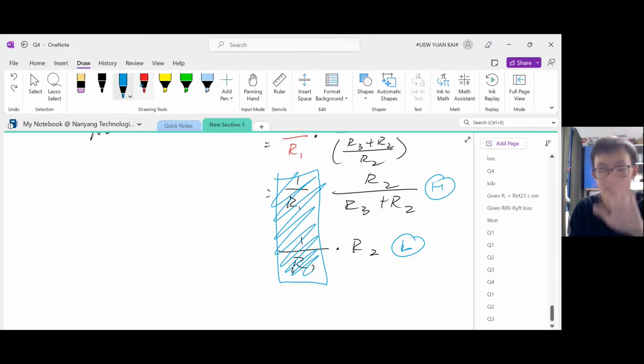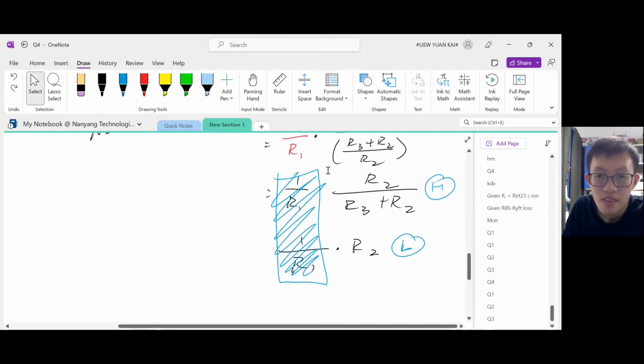And if you think about it generally, this is some number divided by itself plus another number. So you see, the numerator is smaller than the denominator. When the denominator is larger than the numerator, then you know this is a less than one value. This whole number is less than one. So that's my point I'm trying to make.